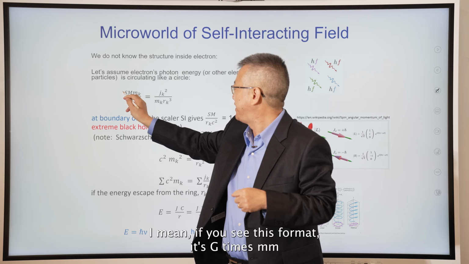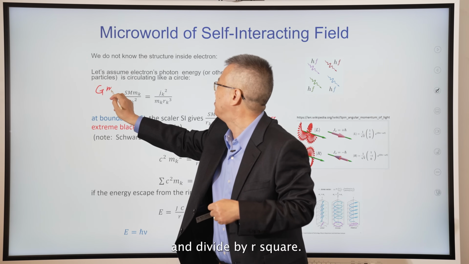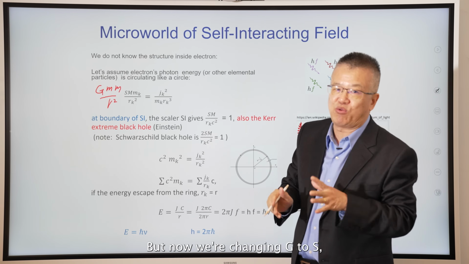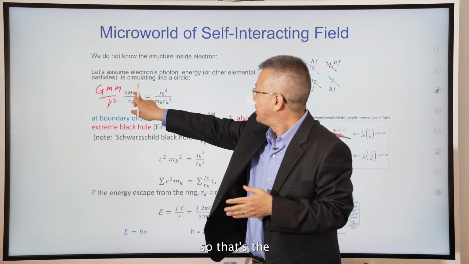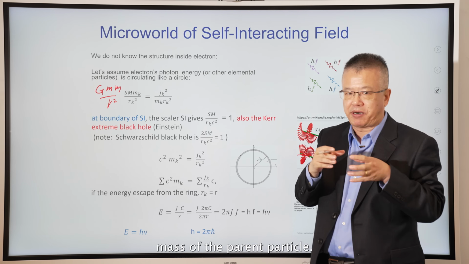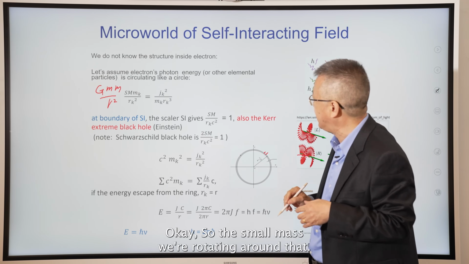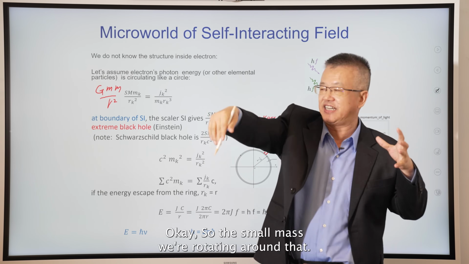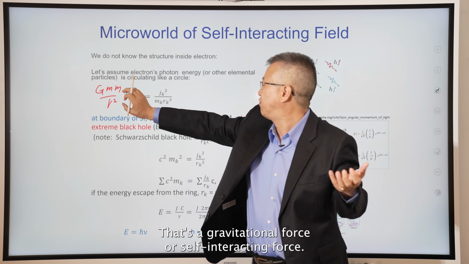If you see this format, it's G times m divided by r squared, but now we change it into S. That's the mass of the parent particle. We take a small section over here, a small mass rotating around that. That's a gravitational force, or self-interacting force.